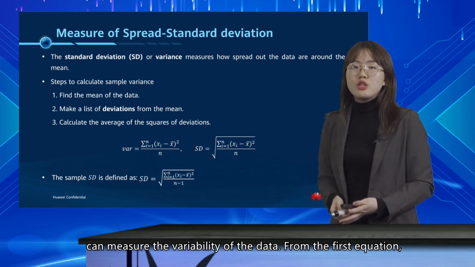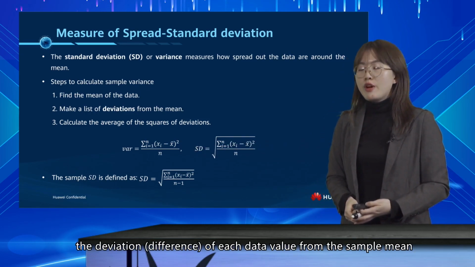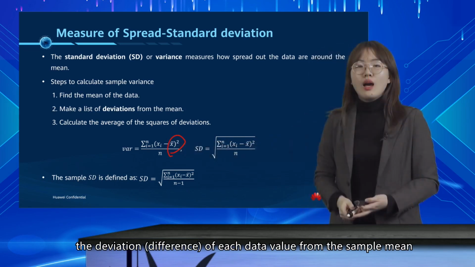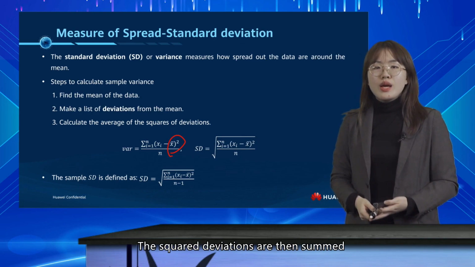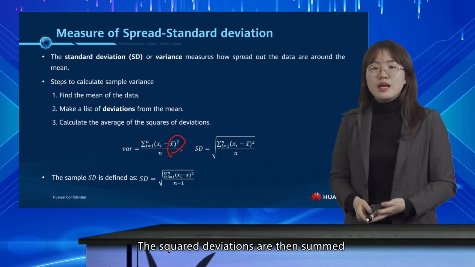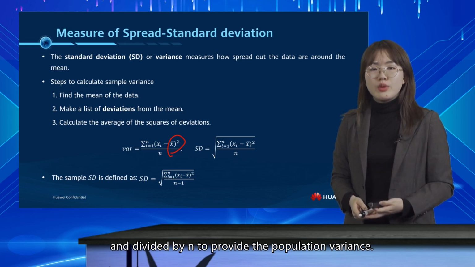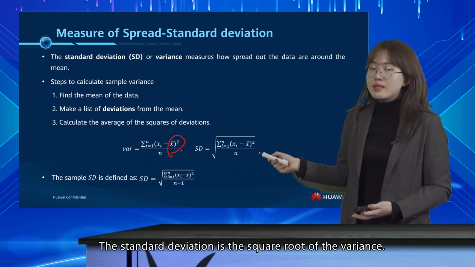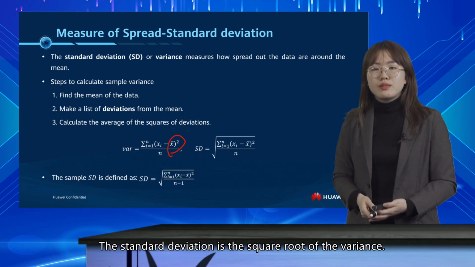From the first equation, the deviation, the difference of each data value from the sample mean, is computed and squared. The squared deviations are then summed and divided by n to provide the population variance. The standard deviation is the square root of the variance.